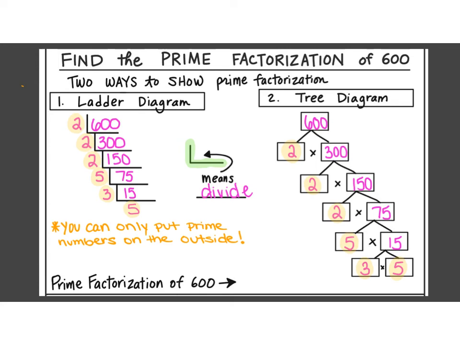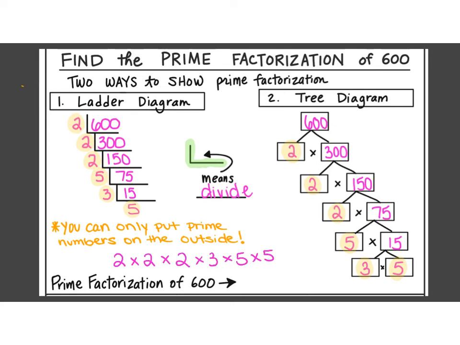I see 3 2's, so we'll multiply those out. 2 times 2 times 2. Then I see a 3 times 3, and then 2 5's, times 5 times 5.